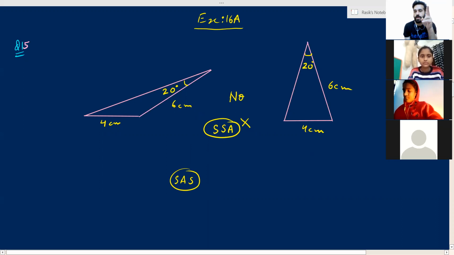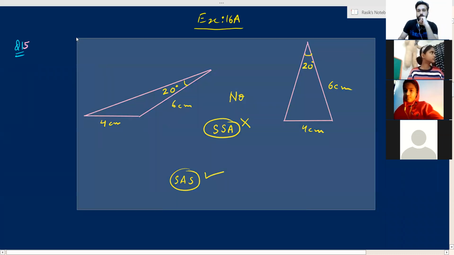If you make two triangles where two sides are equal and the angle is included between the two equal sides, here the angle is not between the equal sides, am I right? The angle is not between the sides. So if the angle is between the equal sides, then the criteria will become SAS, and in this criteria the triangles are congruent. So this is the answer of the second part of the question.